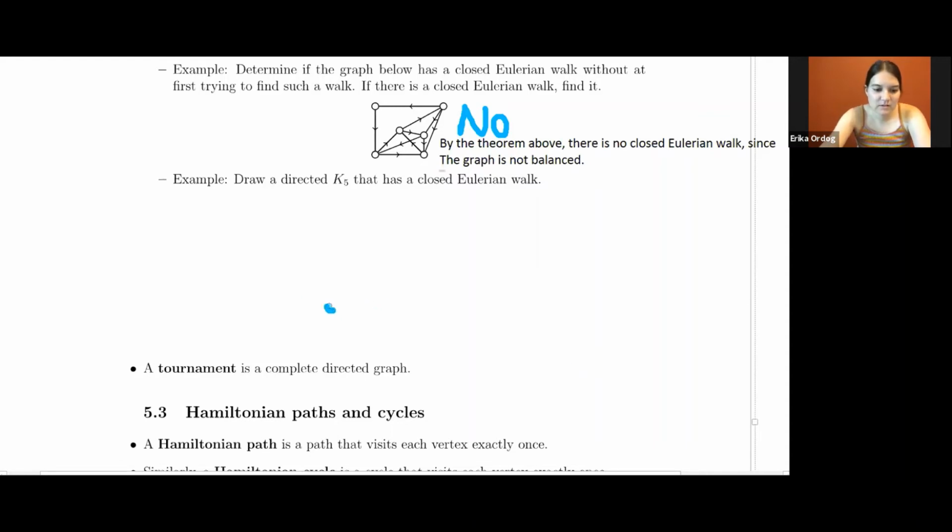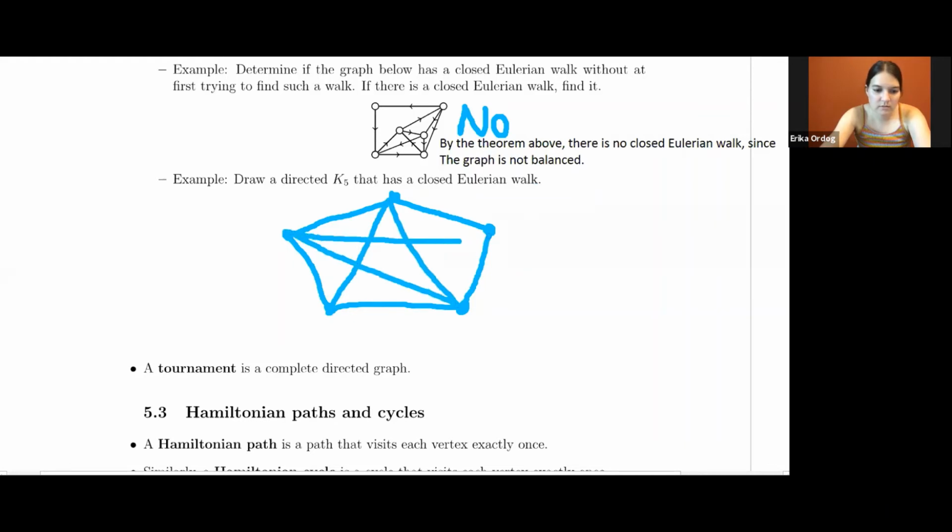Okay, so there are multiple ways of doing this, but I'll show you my answer. So remember, K5 looks like a pentagon with a star inside. Okay, and we want to draw arrows on these edges so that there's a closed Eulerian walk.